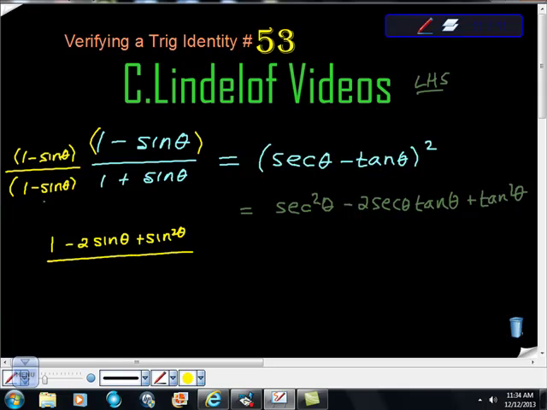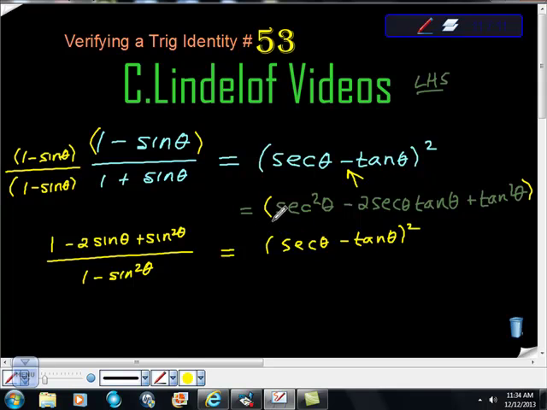And when I multiply this at the bottom, I have a difference of squares, so I have 1 minus sine squared theta, and this is equal to, and it's true, that, so this is secant theta minus tan theta, whole thing squared.